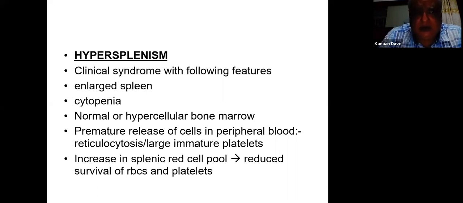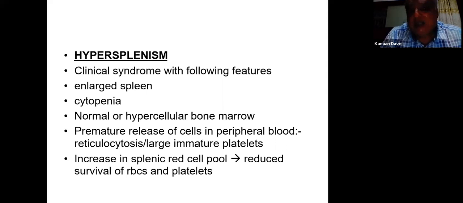When we look at the bone marrow in hypersplenism, the bone marrow is normal, or it may be hypercellular. So the bone marrow reacts to the pooling effect of the hemopoietic elements in the spleen by producing more red cells, more white cells, and more platelets.